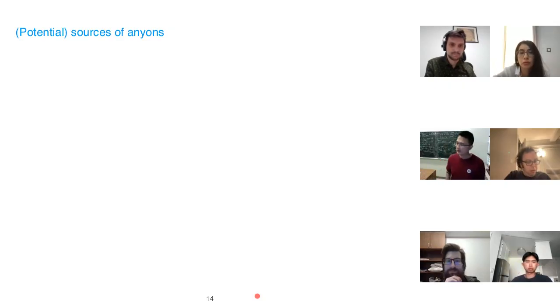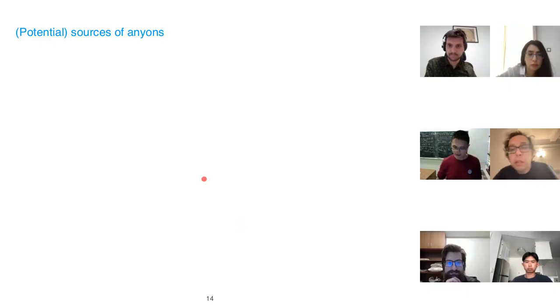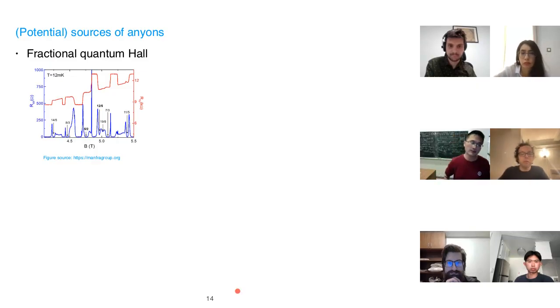Okay, so let me comment briefly on the potential sources of anyons or quasi-particles we can find in practice. The most prototypical source for anyons is the so-called fractional quantum Hall effect, like the example I gave about the collection of two-dimensional electrons.